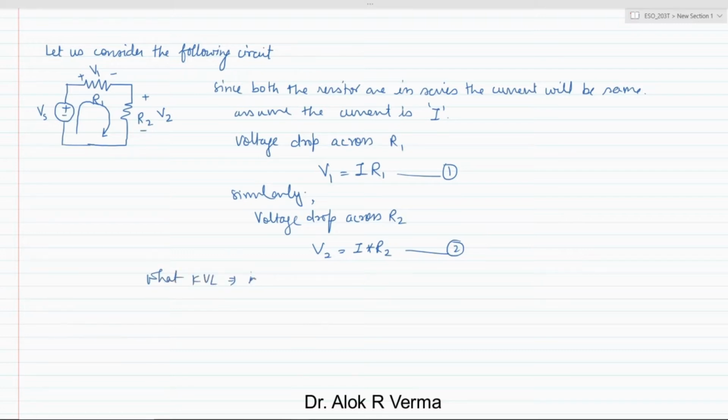In a closed loop, the sum of all the voltages is 0. It means this is basically the algebraic sum. So if we start from this point, the source is rising, so positive, minus there is a drop, minus there is a drop, equal to 0. So it means that the total voltage V is nothing but V1 plus V2.